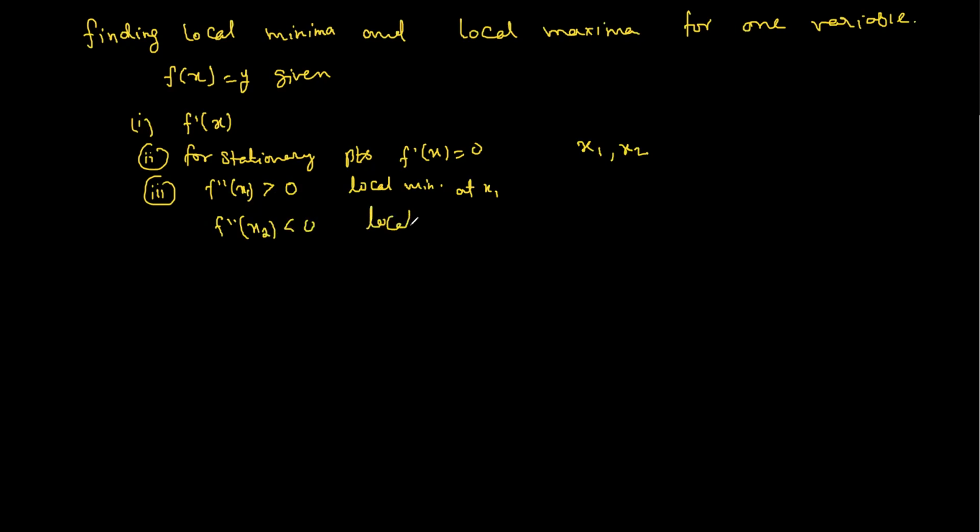You will get local maxima at x2, right? Yes. So fourth step is f will be maximum at what? Yes, at x2. And f will be minimum at x1. Understood? Write this step, then I will explain one example.